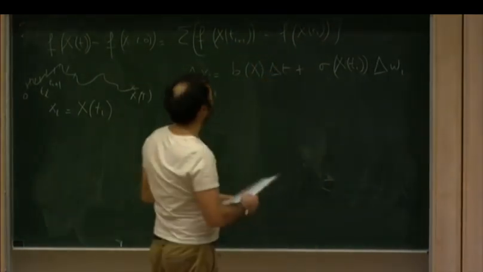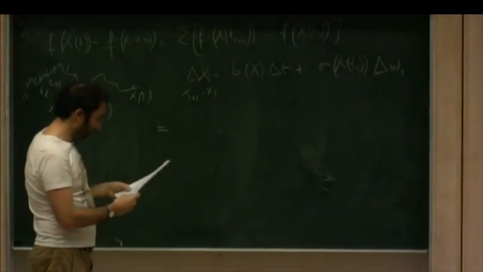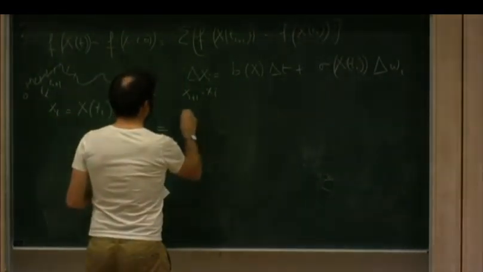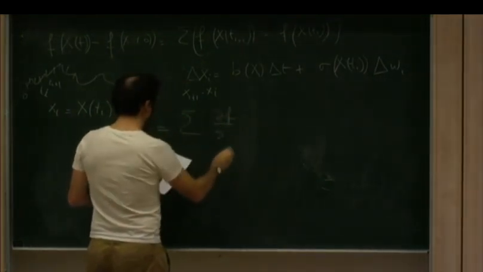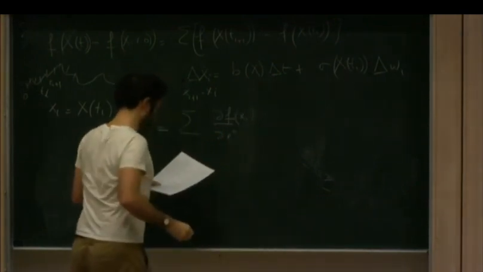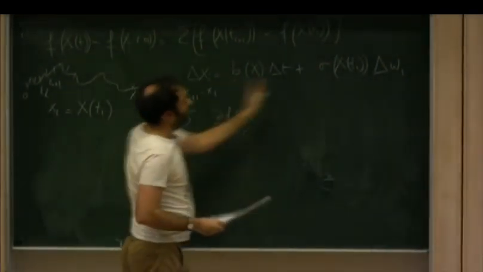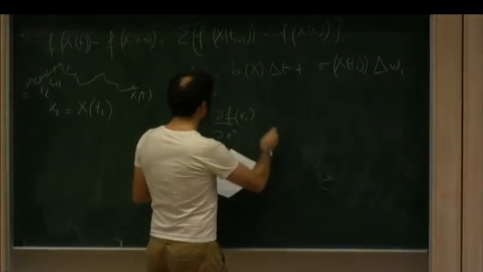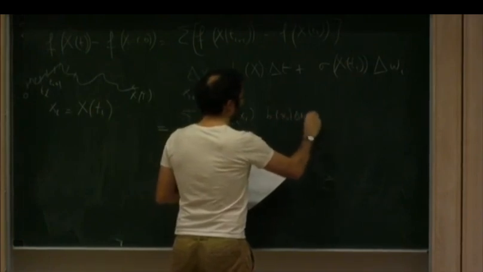This can be written, using the Taylor expansion, as: the first order term will give us df/dxk at position xi multiplied by dxi, which can be replaced by this. And so this is b of xi delta t plus sigma.